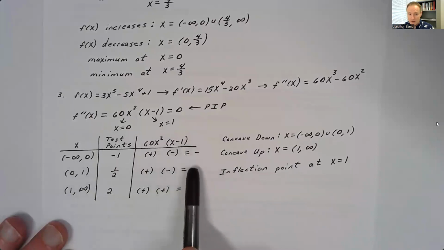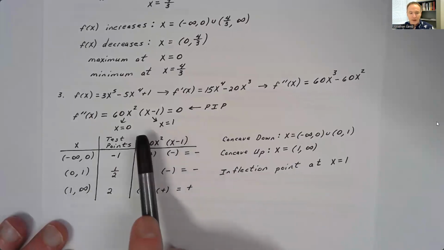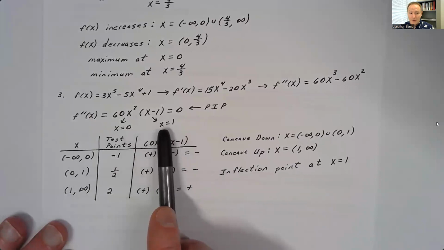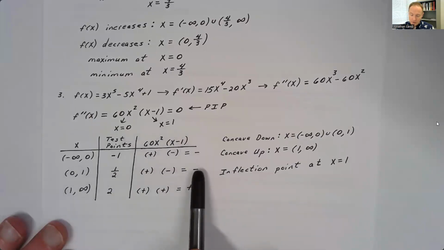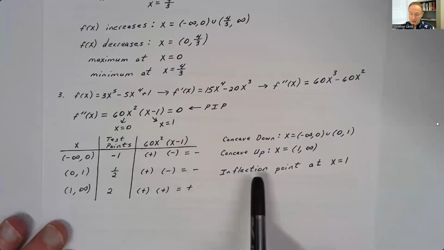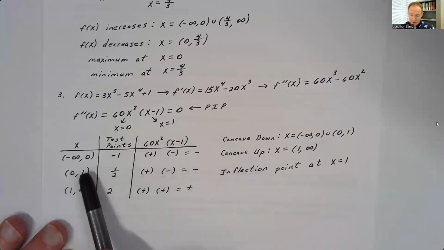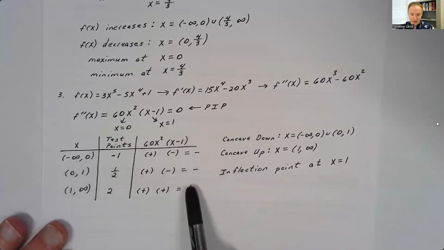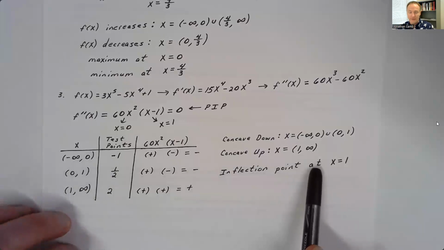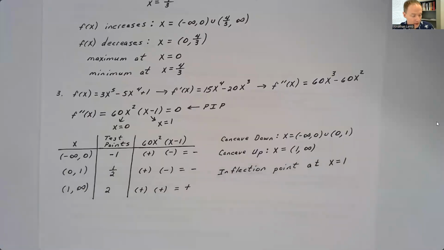Thus, 0 is not an inflection point. It's just a point where the concavity is neutral. And then at x equals 1, it's concave down before, concave up after. You can see it did change concavity at 1, unlike 0, where it didn't. Thus, we have an inflection point at 1.